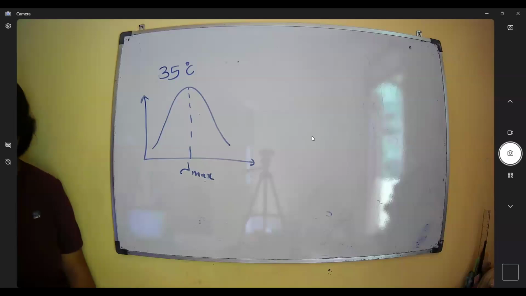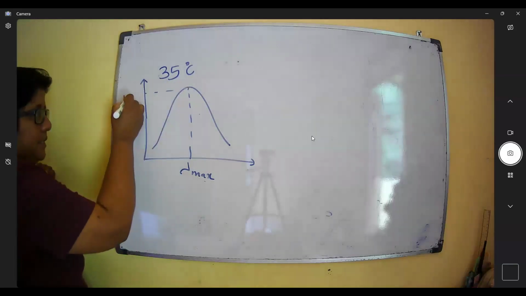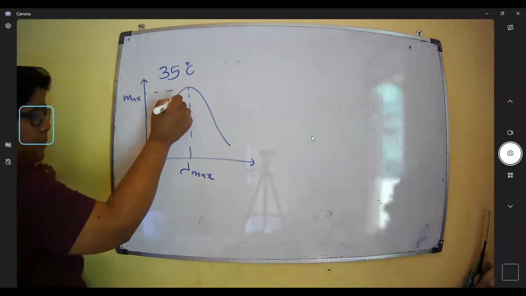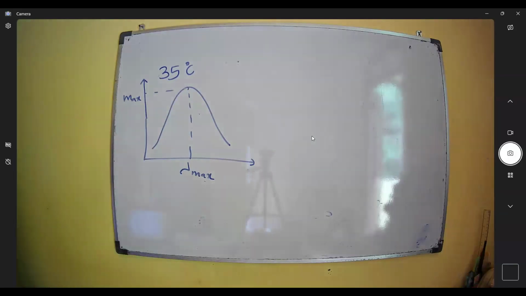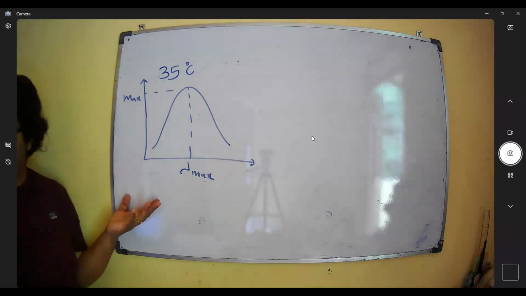I will work it out. Sharing my board. This is the maximum intensity, at the maximum intensity here, the peak value of the graph. Right? And lambda max. I think you remember that.